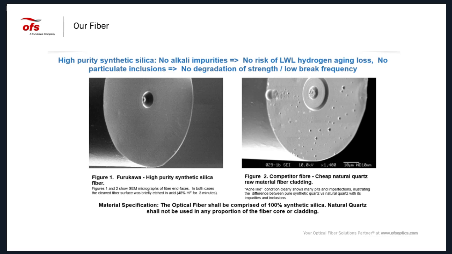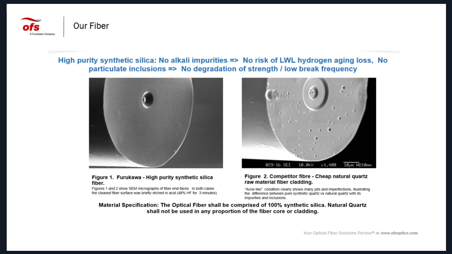But on the right side, you can see that fiber made out of cheap natural quartz has a lot of impurities, and this may cause a lot of performance issues, such as attenuation and PMD, that will be seen if you use this kind of fiber. So that's why purity of the fiber is very important.